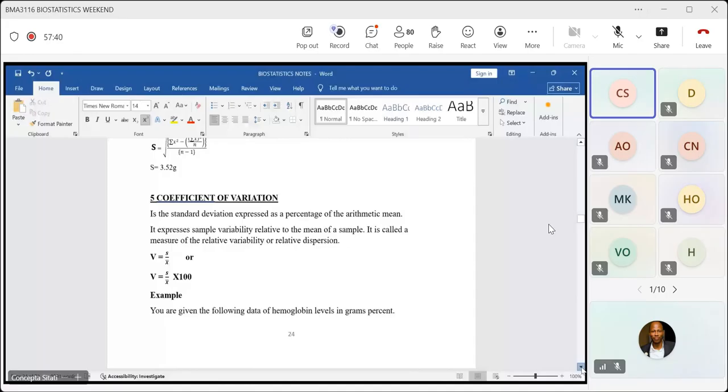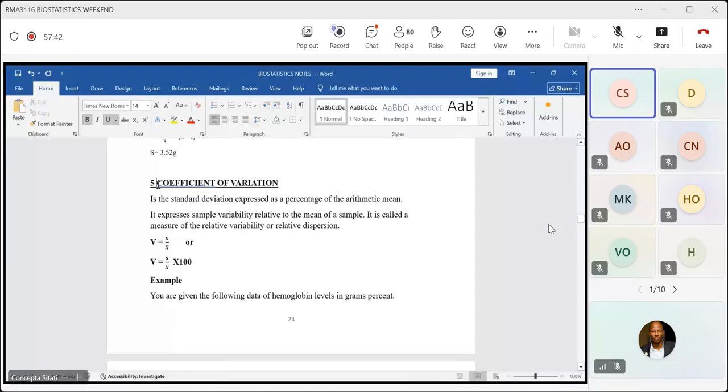And the last parameter here is the coefficient of variation, which is the standard deviation expressed as a percentage of the arithmetic mean. It expresses sample variability relative to the mean of the sample. It is called a measure of relative variability or relative dispersion.